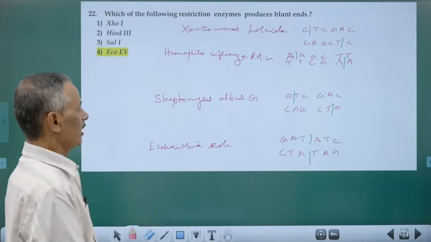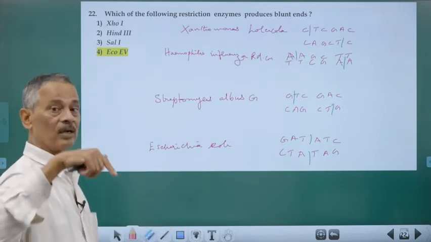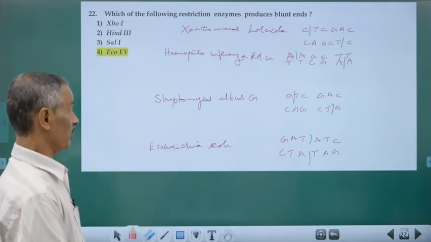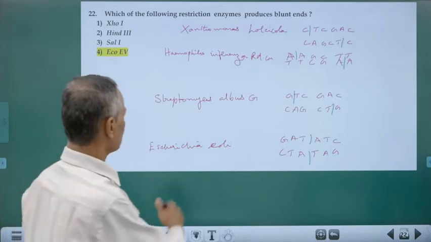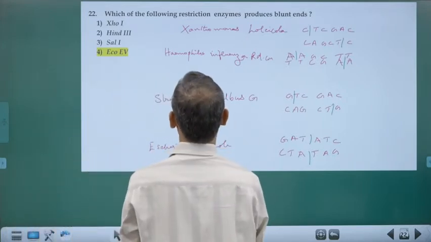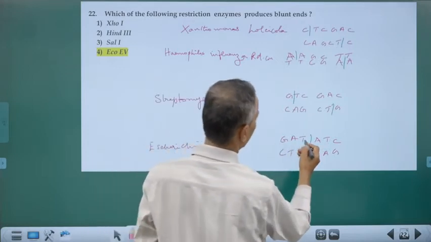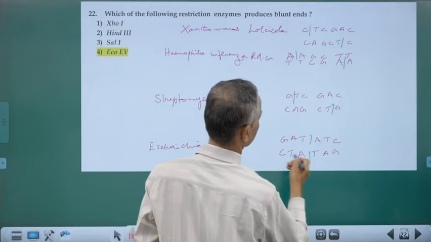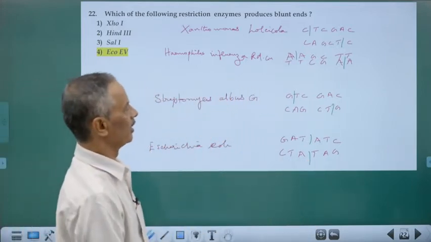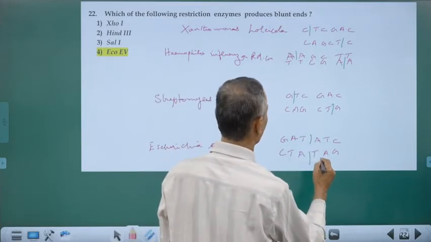Whereas E. coli has been asked twice, last year and before, I think 2017 also this was asked. Escherichia coli, EcoRV, not EcoR5 but RV, GATATC. That is the sequence, and it is cutting between T and A. So it is cutting in the middle of the palindromic sequence, blunt end cutting.